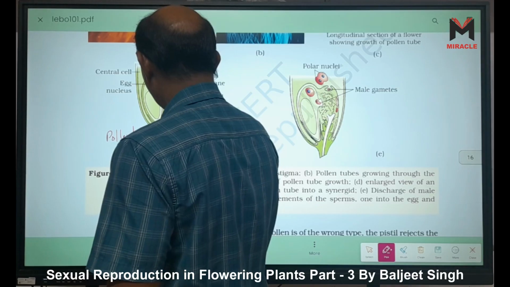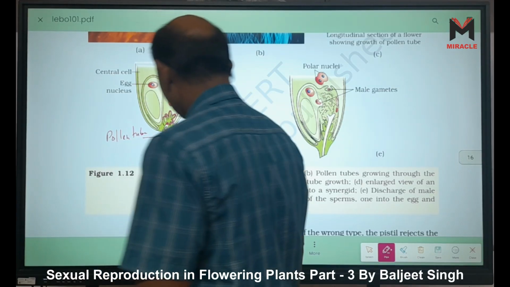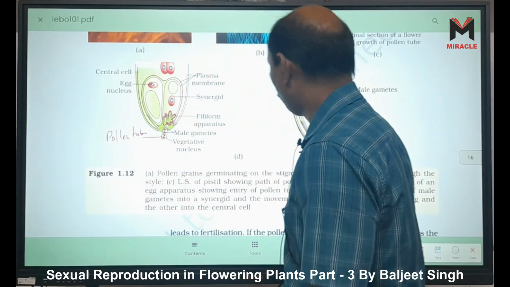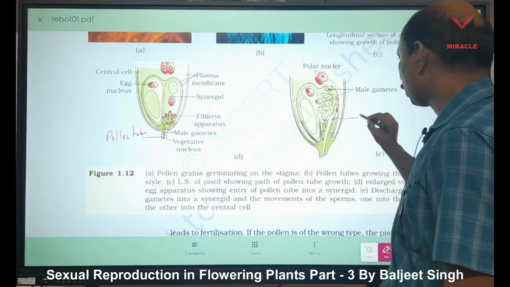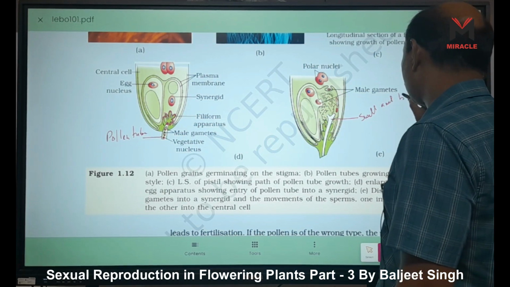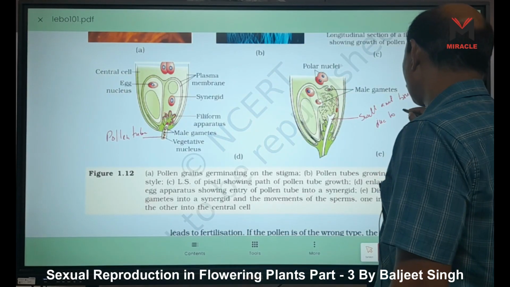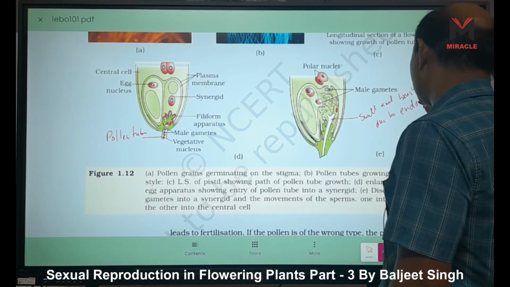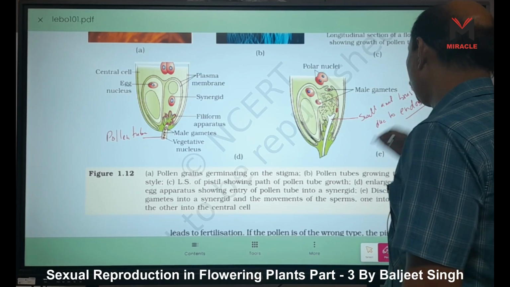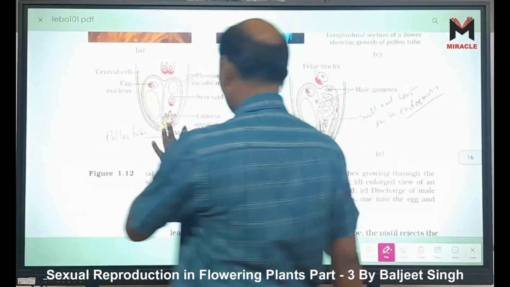The filiform apparatus, which is the characteristic of synergids, guides the pollen tube, right? And when this pollen tube enters inside, what happens? It swells up by endosmosis, swells and bursts, and releases its components. Its components means what?